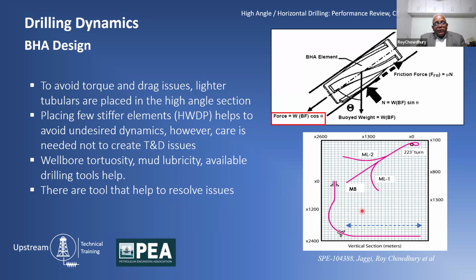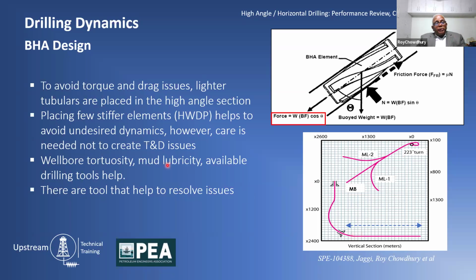You cannot use heavyweight drill pipe anymore at the bottom because it starts working against you. Also wellbore tortuosity is very important to understand. If you have a lot of vibration, there is a possibility that the tortuosity of the wellbore is very high. If the tortuosity is high, your torque and drag is high, and it could trigger dynamic movement.